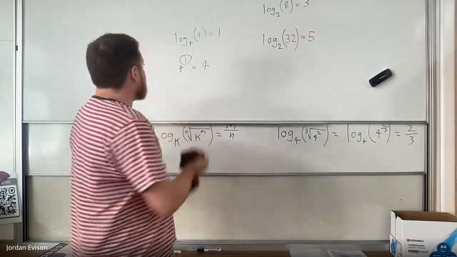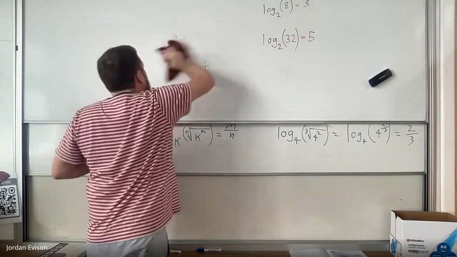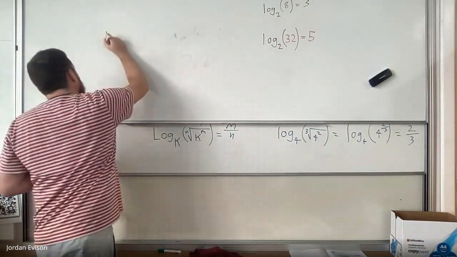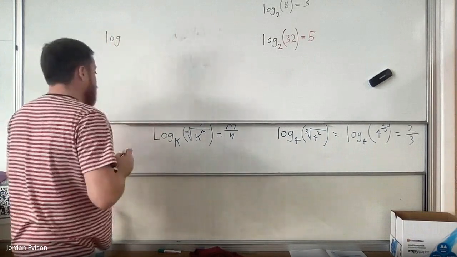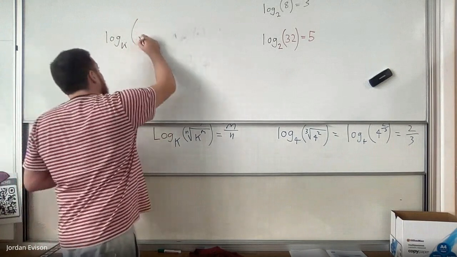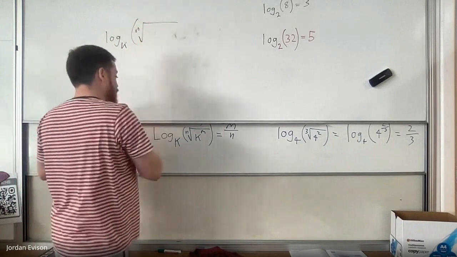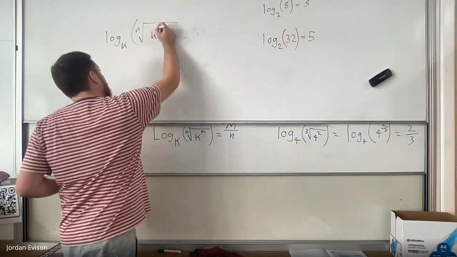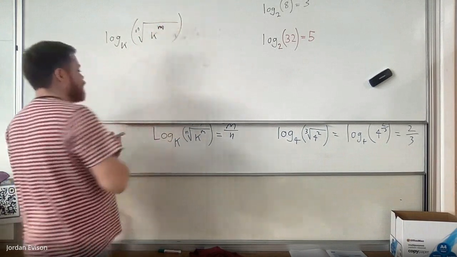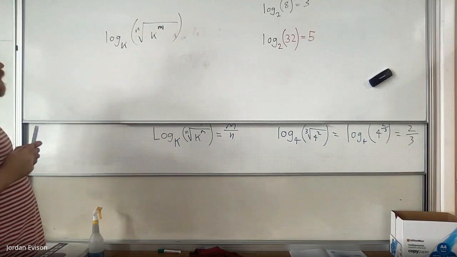Now, this last log rule we'll go through is log k, nth root of k to the power of m. Okay.